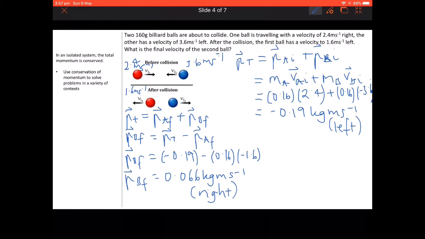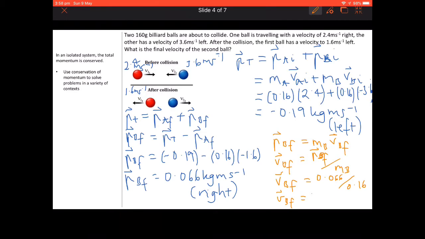Then the final step of this way, I might write it in a different colour, is working out the velocity of, or the final velocity of B. So to do that, we know that the final momentum of B is going to be equal to the mass of B multiplied by the final velocity of B. That means that the velocity of B is going to be equal to the momentum of B divided by the mass of B. Velocity of B will be equal to the momentum of B, 0.066, divided by its mass, which is 0.16, and then that will mean that the final velocity is 0.41 meters per second, and that's positive, so it'll be to the right.